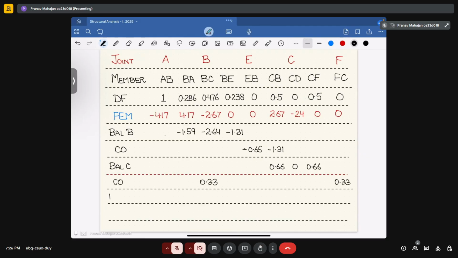Okay, now we finally balance B. If we try to balance the B, it will come out as minus 0.09, minus 0.16, minus 0.08, and this 0.08 will go as carryover in CB, and half carryover will go to EB.